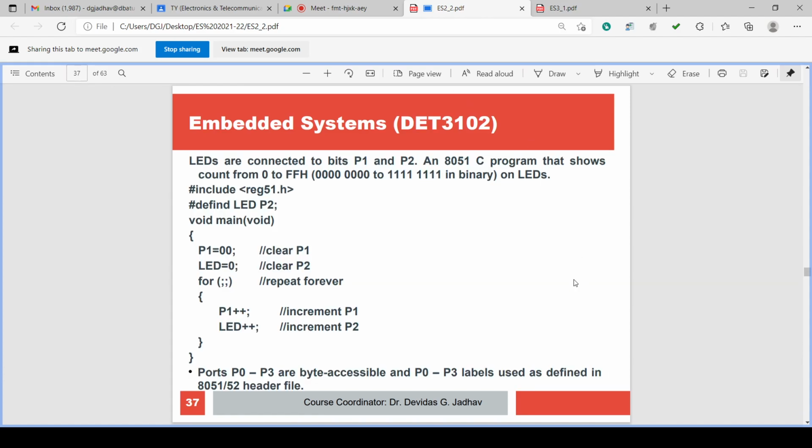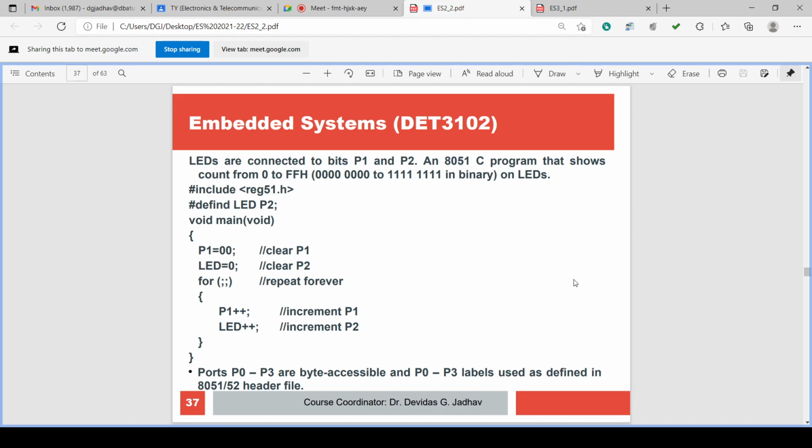We have seen this program. LEDs are connected to bits of P1 and P2 of 8051, and having the C program as shown, we have to send these to the LEDs. So for P1 there are 8 LEDs connected parallelly.